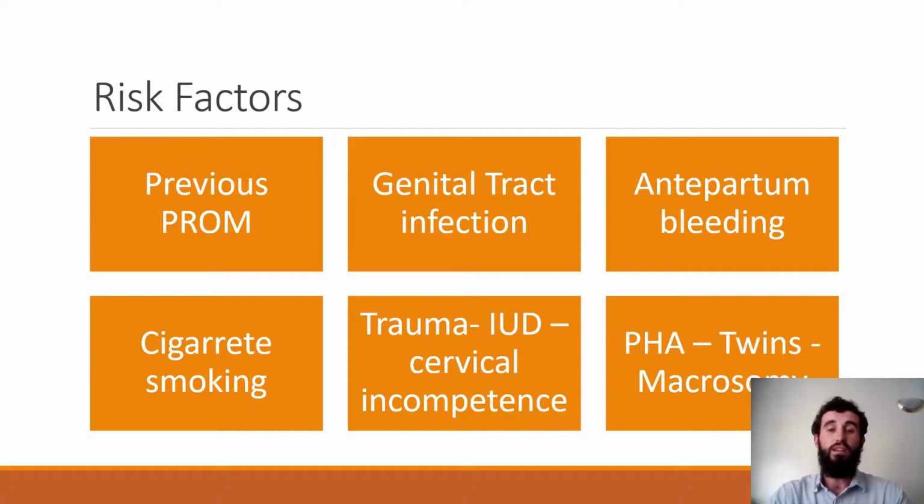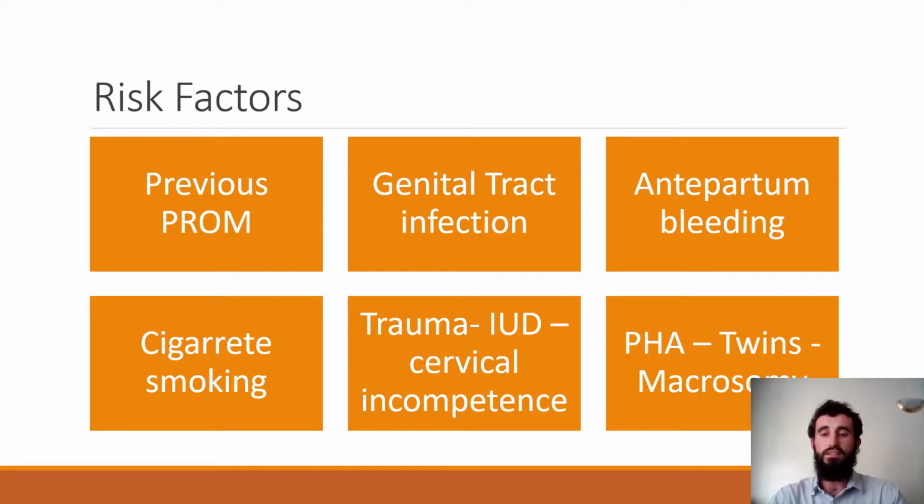Also, genital tract infection as STIs, as urinary tract infection, also antepartum bleeding as abruptio placentae, as I said to you. Cigarette smoking producing inflammation, trauma, intrauterine devices, and cervical incompetence are other risk factors.